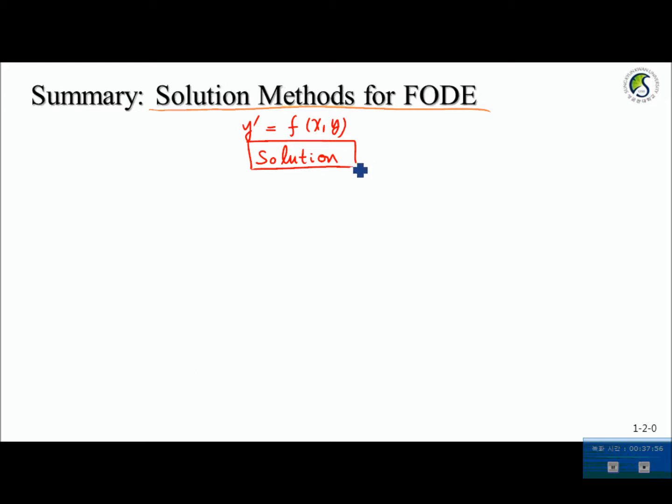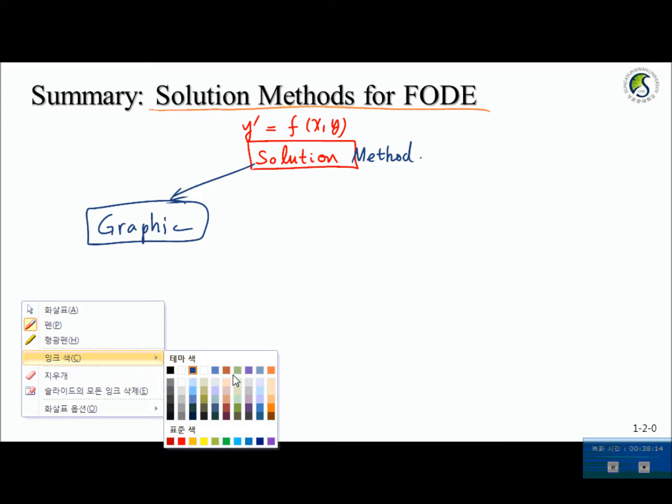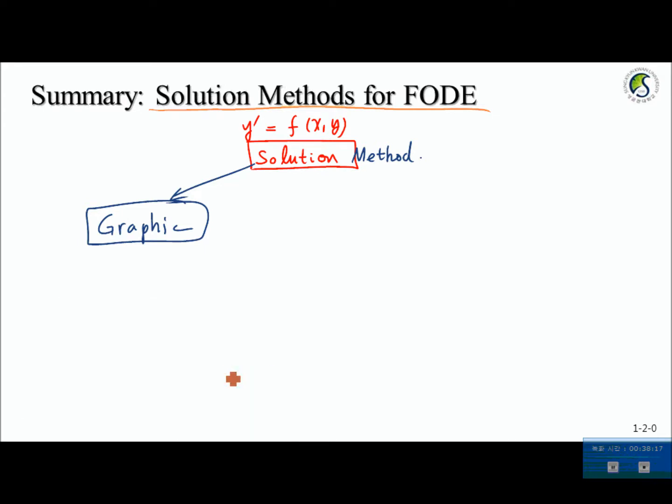Methodology to get the solution, right? The first one will be the graphical or graphic method. Okay, that's the first category, type of solution method. And the second one is the numeric method.